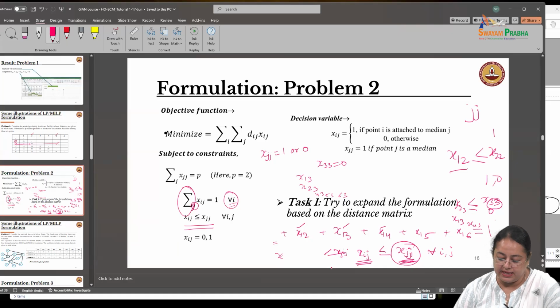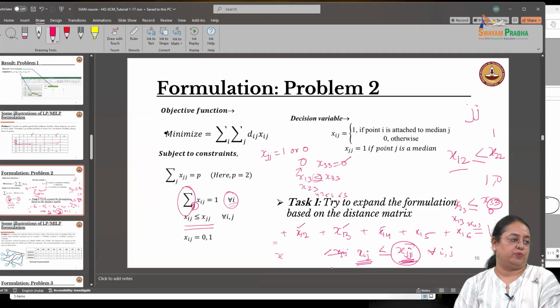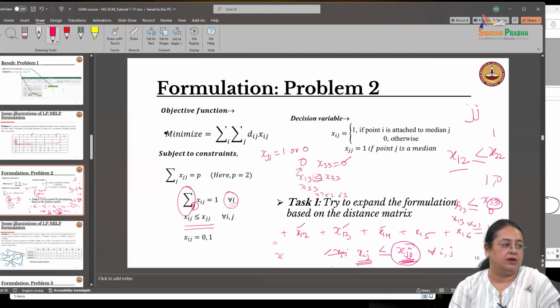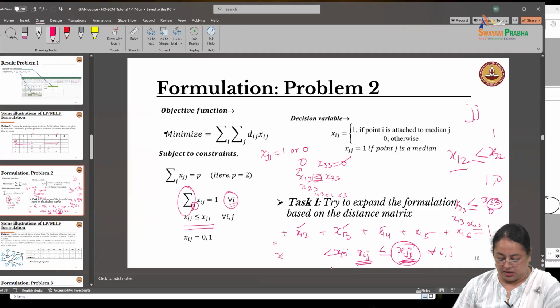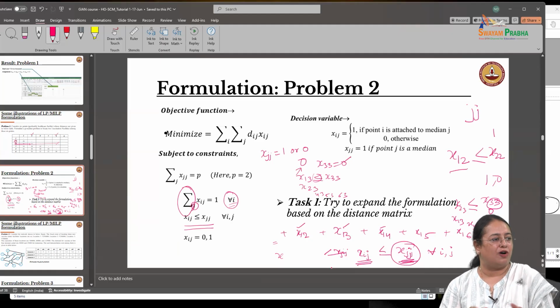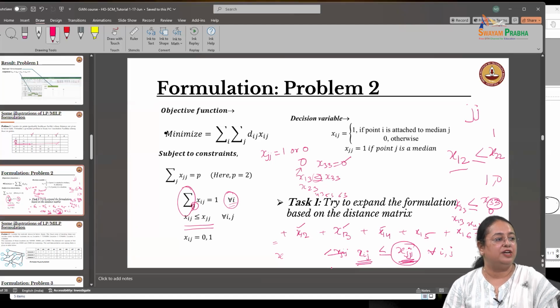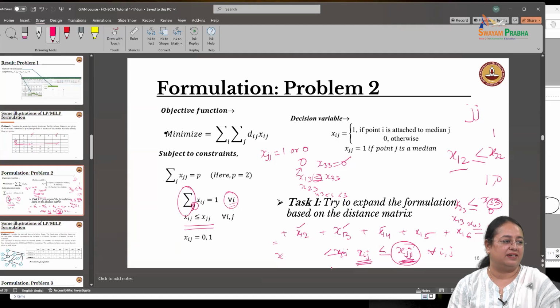So what we are saying is X13 has to be always less than or equal to X33. If X33 is 0, to meet this condition, X13 automatically has to be 0. Because if we do not give this constraint, how will we stop the model from assigning any facility to an unopened facility?